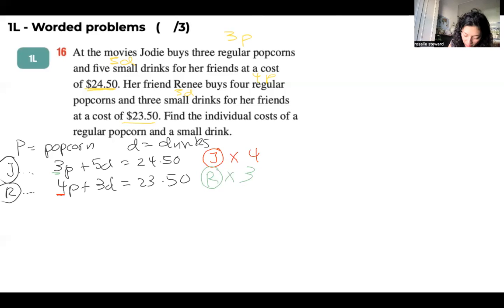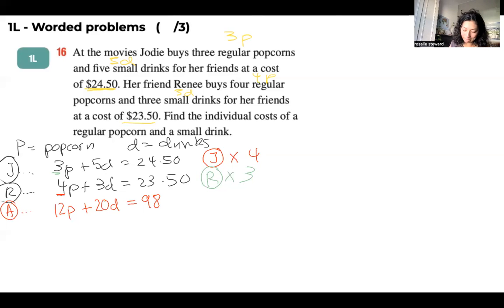So let's make that new equation. I'm multiplying the top row now, so I'm going to be writing in red. So we've got 12p plus 20d equals 24.50 times 4, calculate, is 98. Okay, and I'm going to call that equation A, just so I've got something to call it. Doesn't really matter what it is.